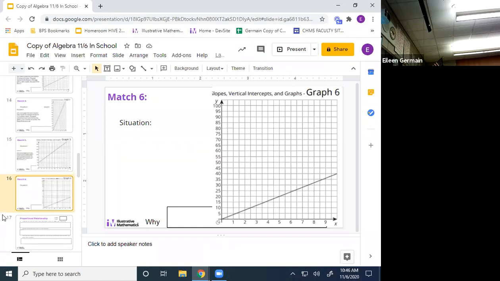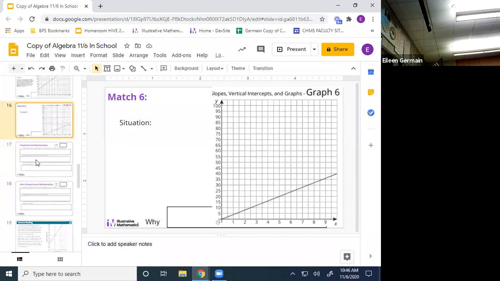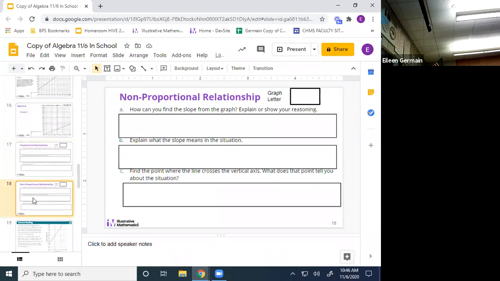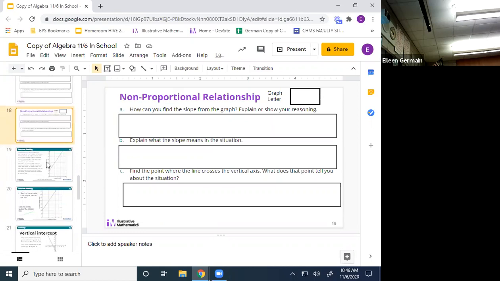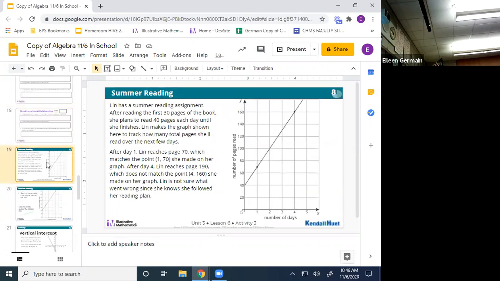Okay? So let's take a look at the last activity here. We're not going to do these two slides, 17 and 18. If you're in your text, why don't we flip our page to 5.3, summer reading. So we have summer reading, and Lynn has a summer reading assignment.